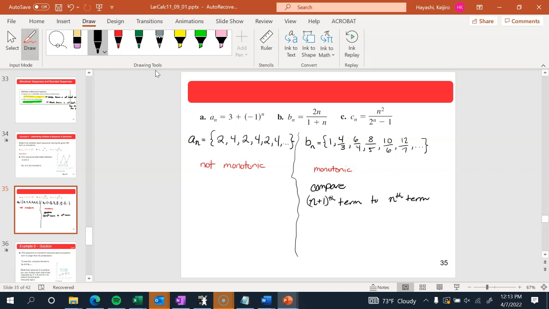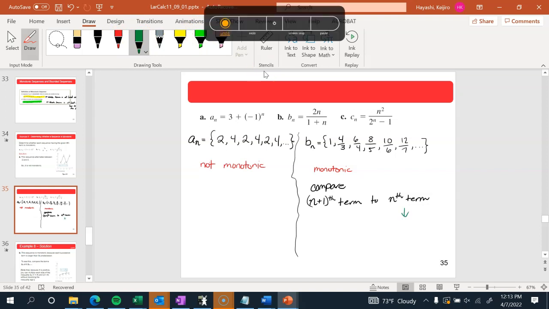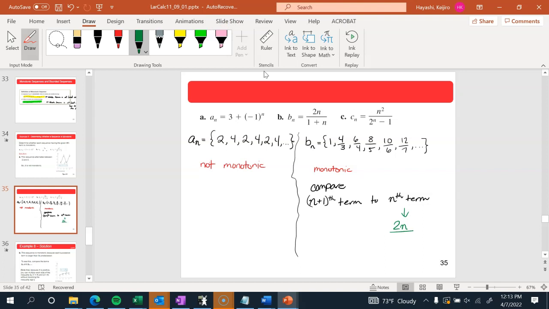And how you do that is, well, the nth term is definitely 2n over 1 plus n. That's literally what it gives us that the nth term is. Whereas for the n plus 1th term, you just go everywhere where there's an n and plug in parentheses n plus 1, and figure out that inequality from there.